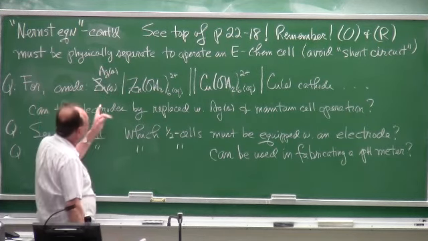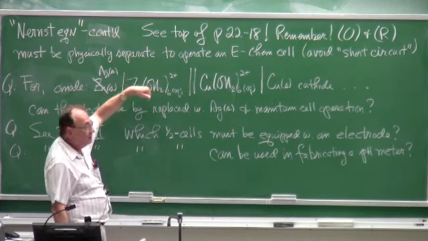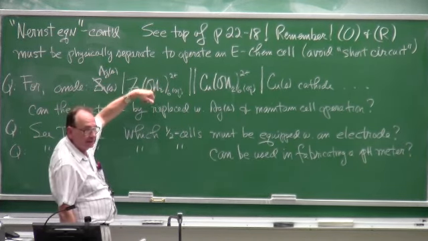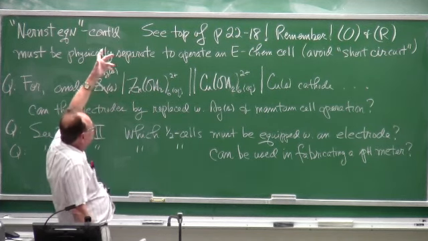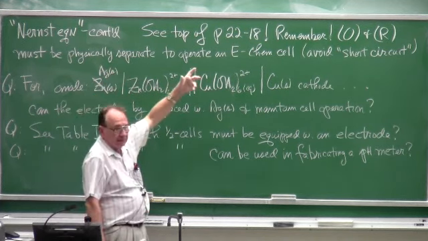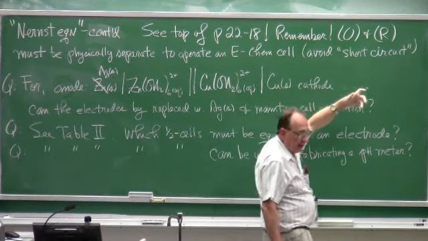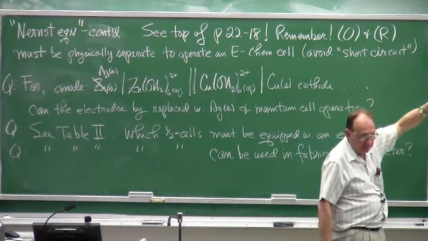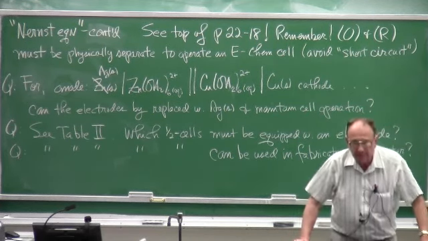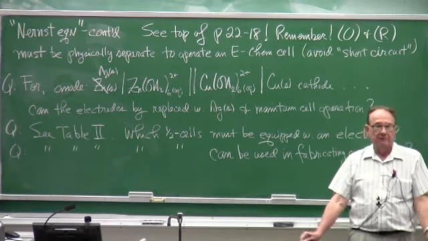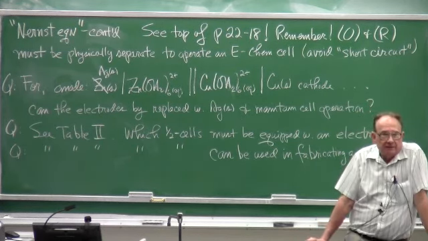So now I have a silver strip standing in a solution containing hydrated zinc ion and the anion, sulfate ion, whatever it might be. And after making the connection to the wire, I go look at my voltmeter to see what kind of voltage I'm now getting out of the system.